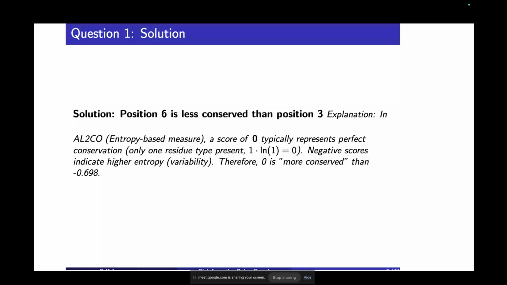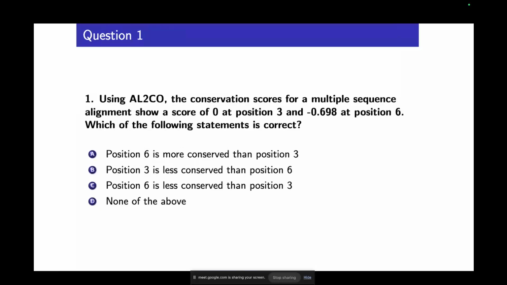So if I'm being clear, so if you have a score of 0 at position 3 and negative 0.6 at position 6, 3 will be more conserved because 0 means all the proteins have the same amino acid at position 3 versus all the proteins do not have the same amino acid at position 6. So 3 is more conserved than 6. Okay.